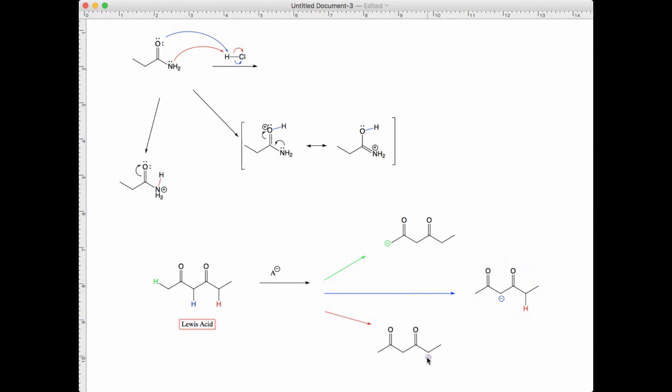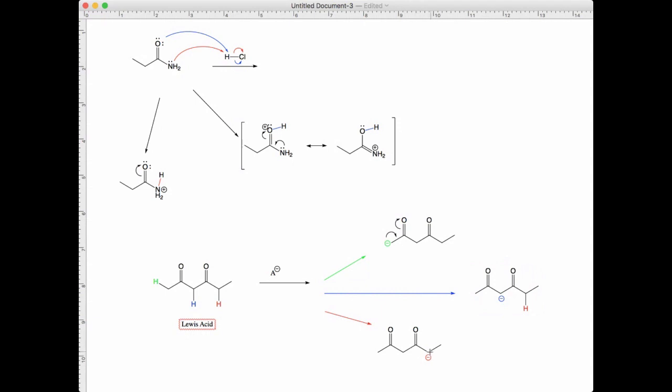Resonance. The moment we have a negative charge next to a double bond, this can be delocalized. So the green carbanion can be stabilized by resonance with this carbonyl functional group over here. So the negative charge is going to be sharing between the carbon and this oxygen.